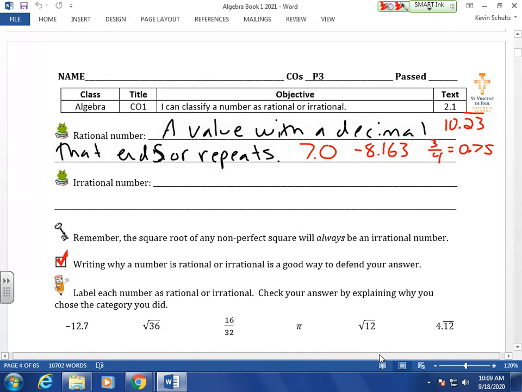Irrational number. Irrational kind of sounds like the opposite of rational. So if a rational number is a value with a decimal that ends or repeats, what would an irrational number be? Blake? A value with a decimal that does not end or repeat.